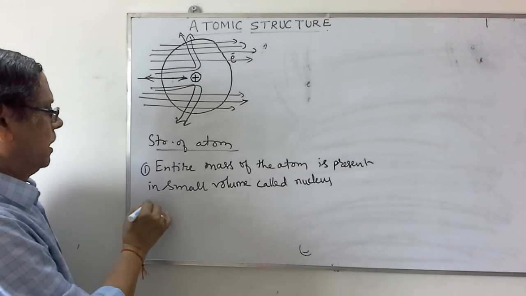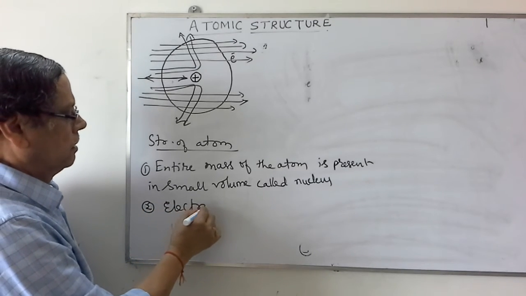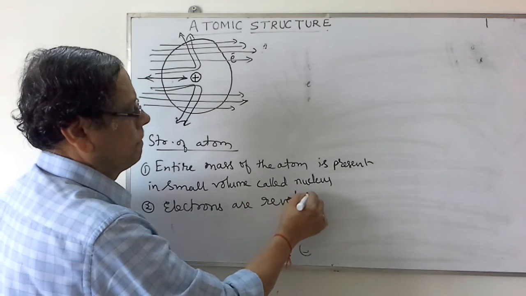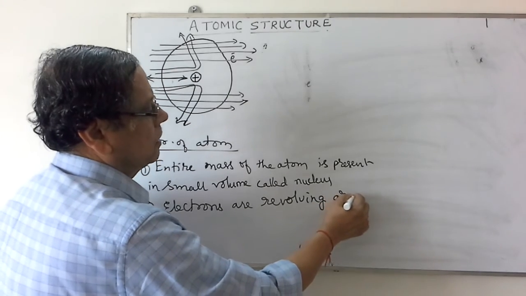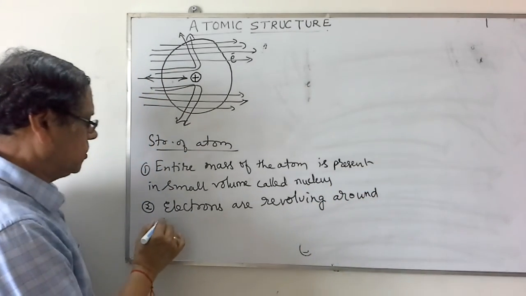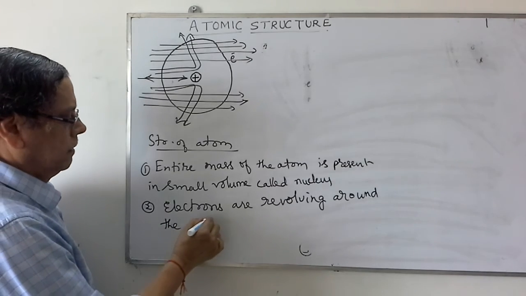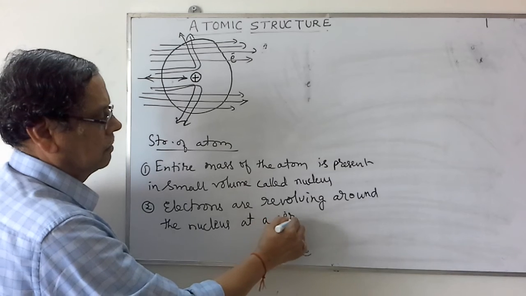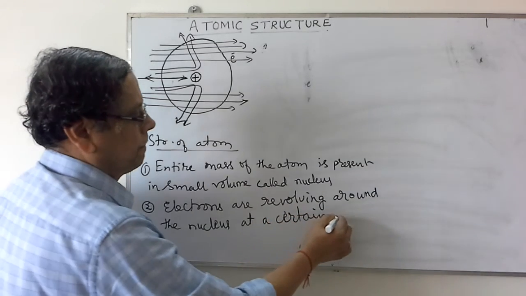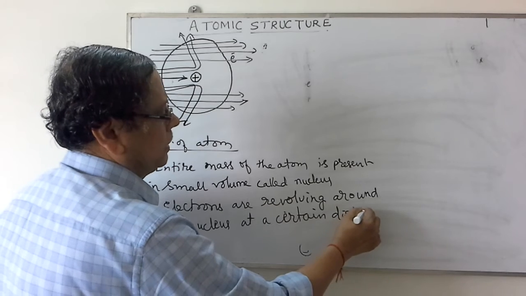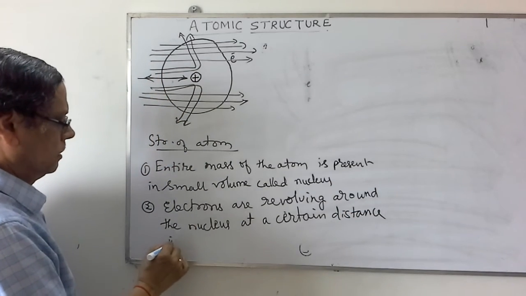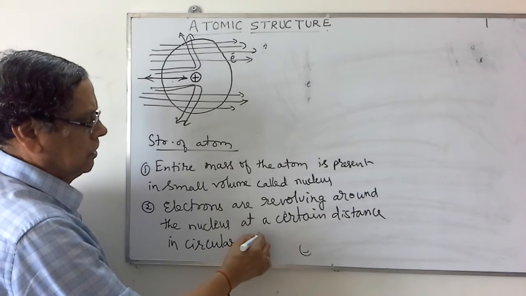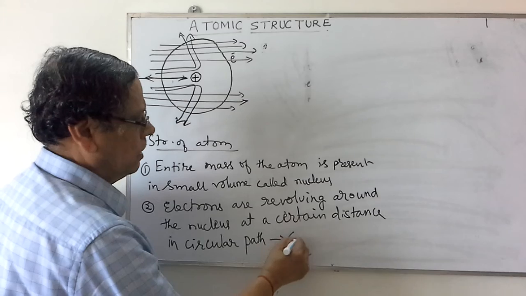Then the second one is electrons are revolving around the nucleus at a certain distance in a circular path. So this is called the orbit.